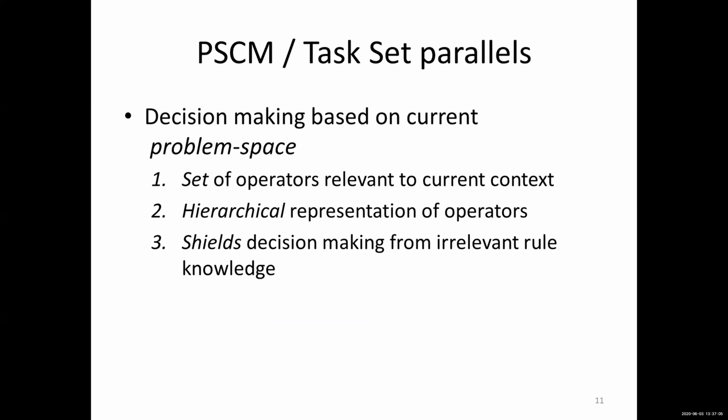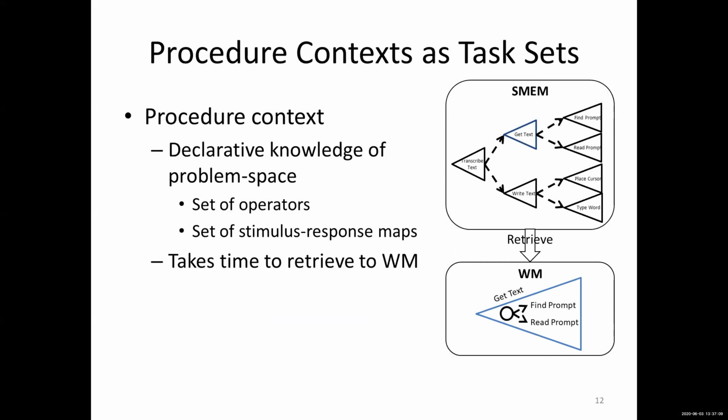So noticing this is a cool line of thought. Where can we go with this? Well, also looking at what I talked about with Prop 3, with procedure context as a literal representation of the problem space pulled into working memory, that sounds an awful lot like a task set as a working memory structure. It's a set of operators which are stimulus response mappings of, given this proposal condition, then do this apply action.